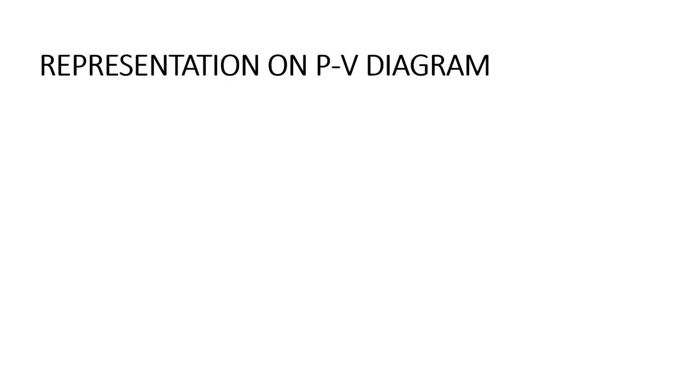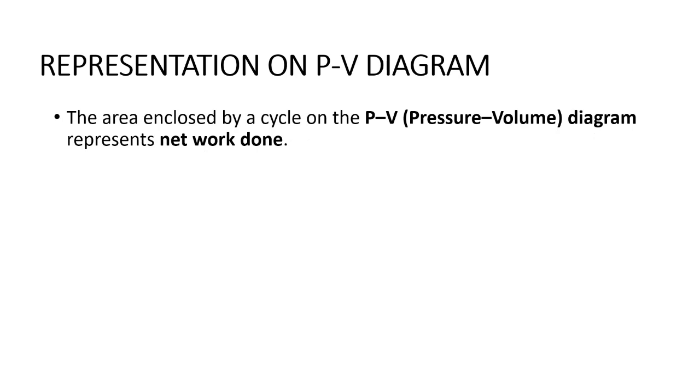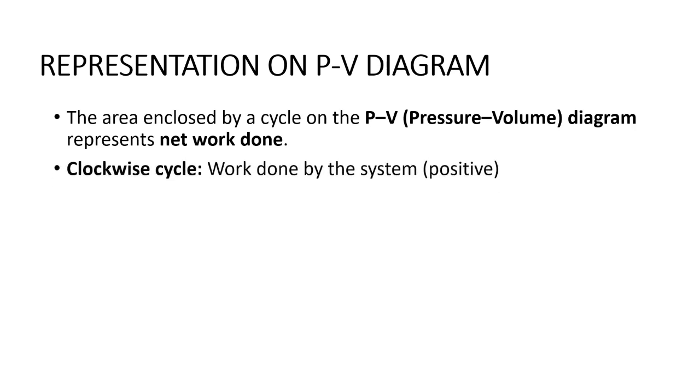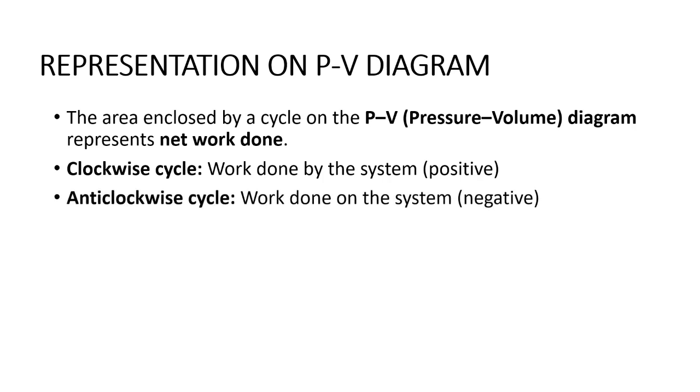Now we will see how to represent this on a PV diagram. The area enclosed by the cycle on the pressure-volume diagram represents the net work done. For a clockwise cycle, the work done by the system is positive, and for an anticlockwise cycle, the work done on the system is negative.